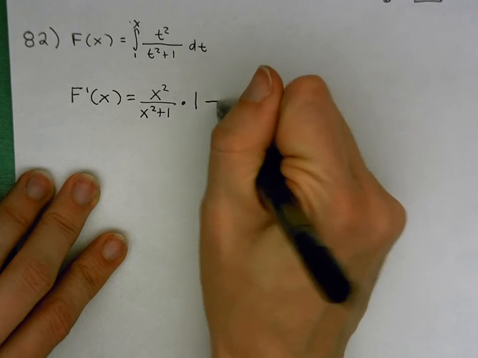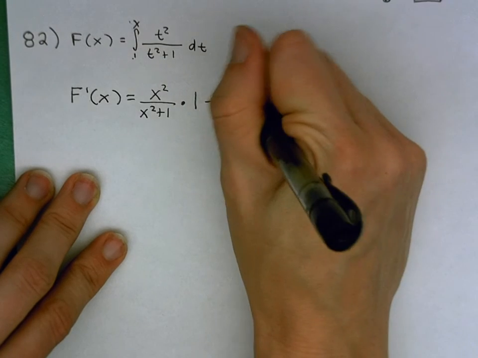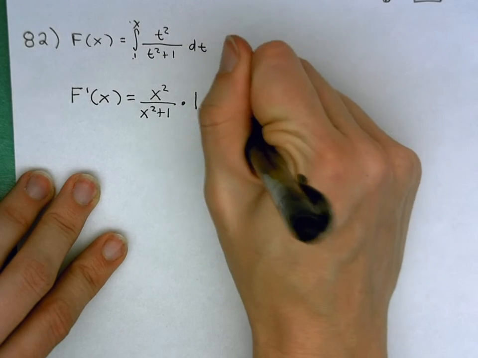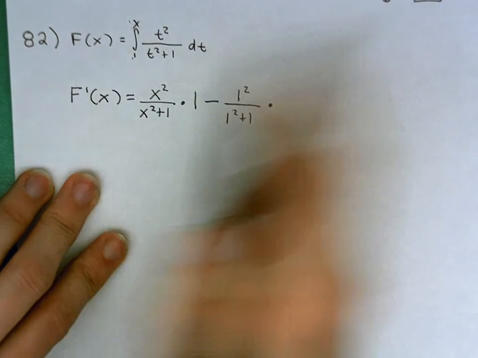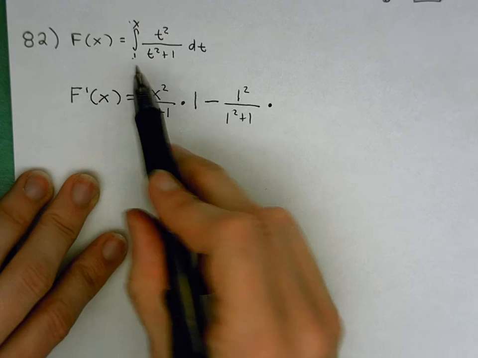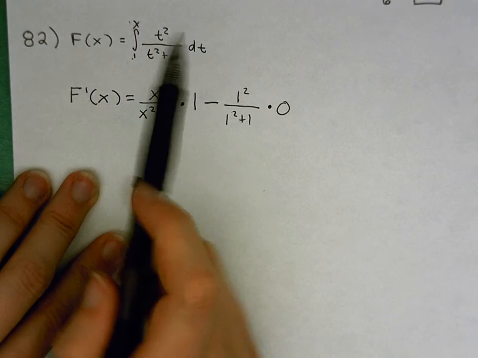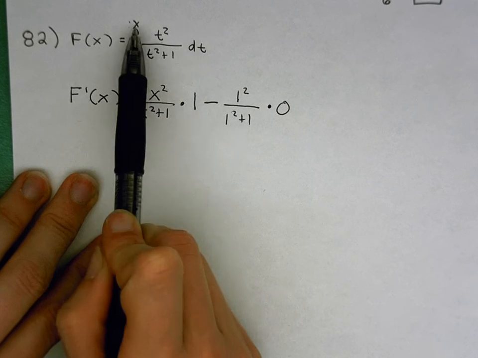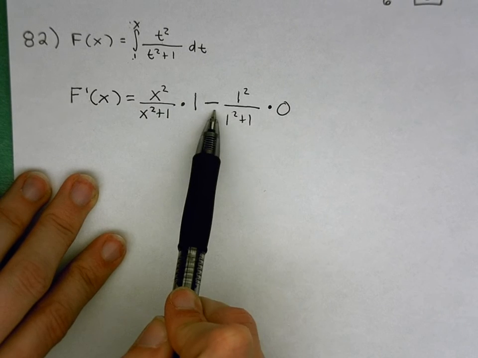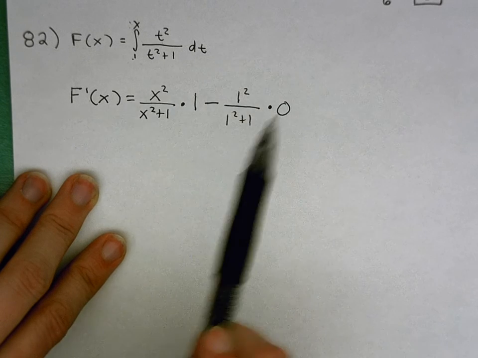Okay, minus, take my lower, drop it in, so we're at 1 squared over 1 squared plus 1, times the derivative of my lower, which the derivative of 1 is 0. So again, one more time, you drop in the upper, plug in the upper, times the derivative of the upper, minus, plug in the lower, times the derivative of the lower.